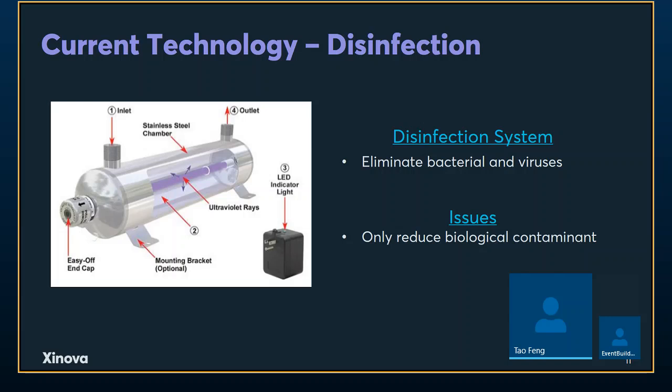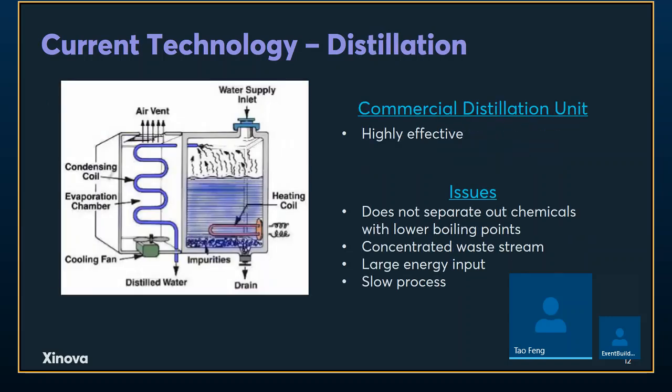And lastly, is distillation. This is a very conventional purification method to separate water from its contaminants with different boiling and dew points. Distillation is very effective, but it has to deal with the concentrated waste stream, similar to reverse osmosis.